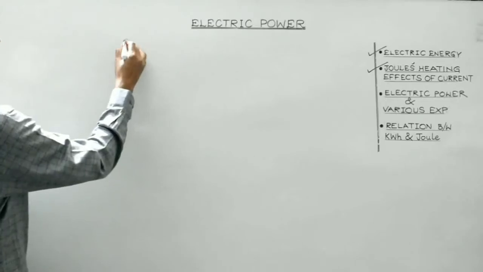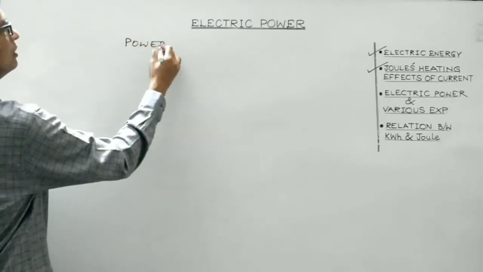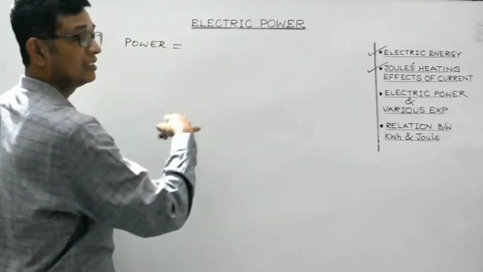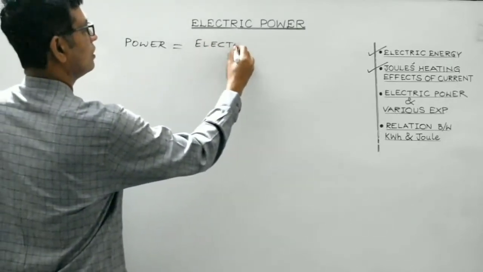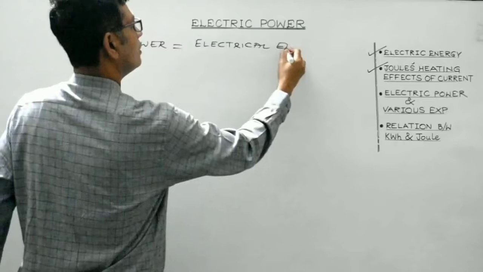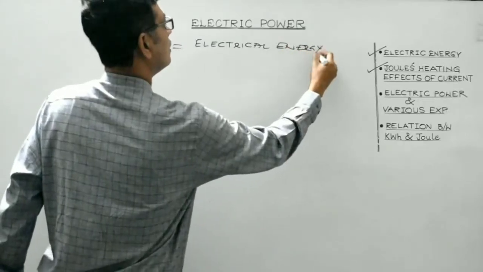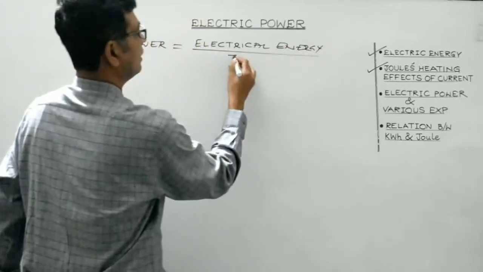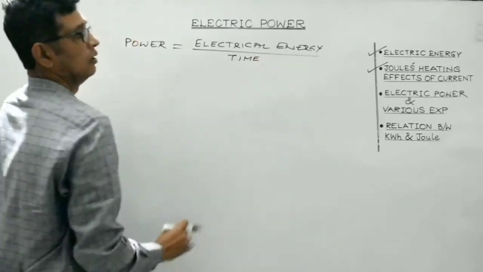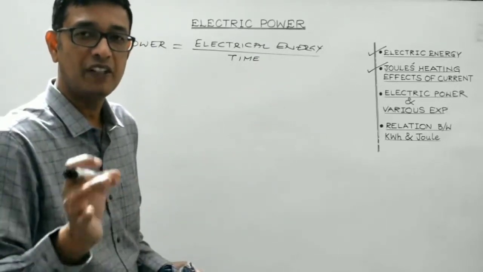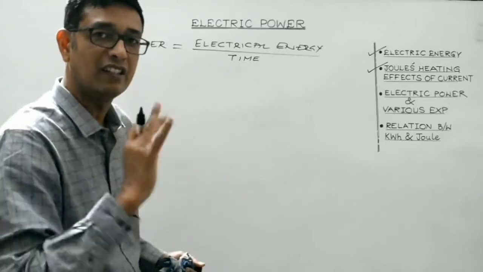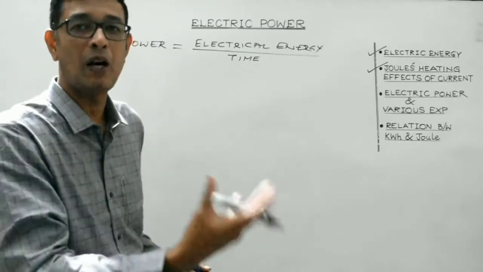So, power is actually electrical energy divided by time. Rate means divided by time. So the rate of consumption of electrical energy of an electric circuit is known as its power.